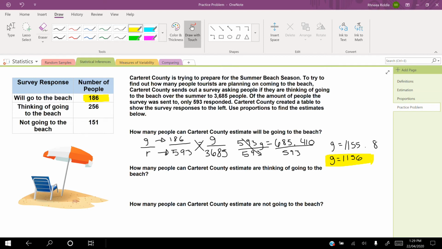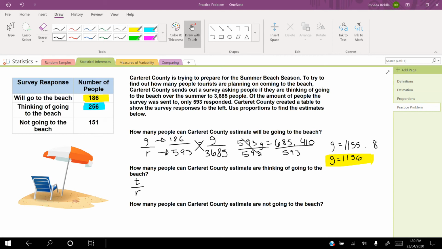So this next question asks us, how many people can Carteret County estimate are thinking of going to the beach? So we can look to our survey responses and see that 256 people said that they're thinking of going to the beach. Haven't decided yet or not. So again, we are going to set a proportion of how many people are thinking over how many responded.